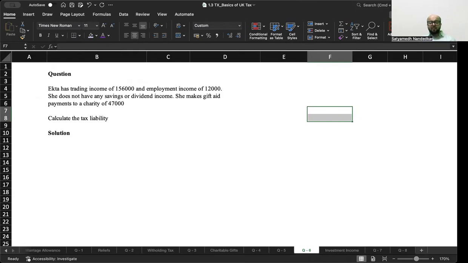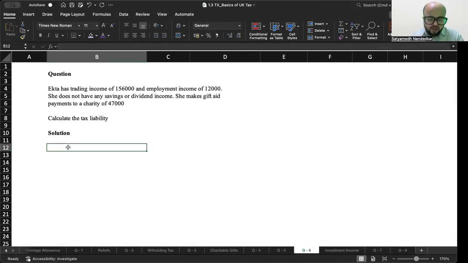Ekta has trading income of 1,56,000 and employment income of 12,000. She does not have any savings or dividend income. She makes gift aid payments to a charity of 47,000. Calculate the tax liability. First of all, let's do the calculation of tax liability for Ekta.